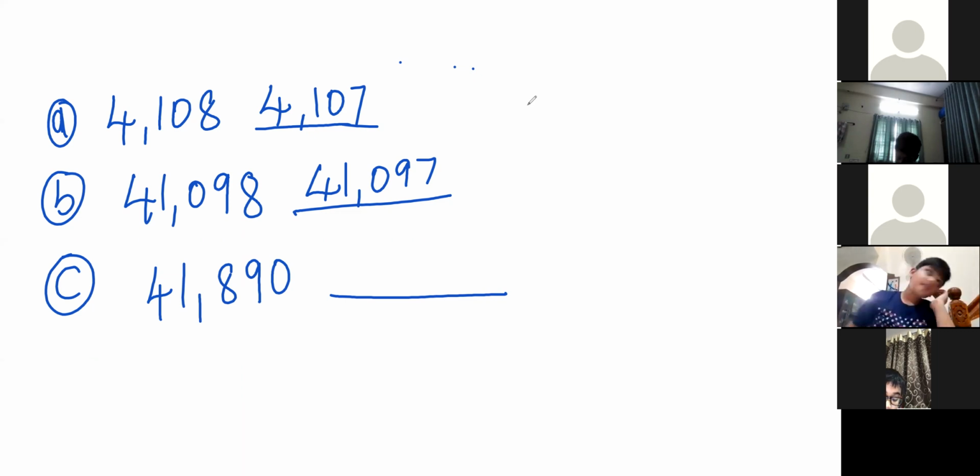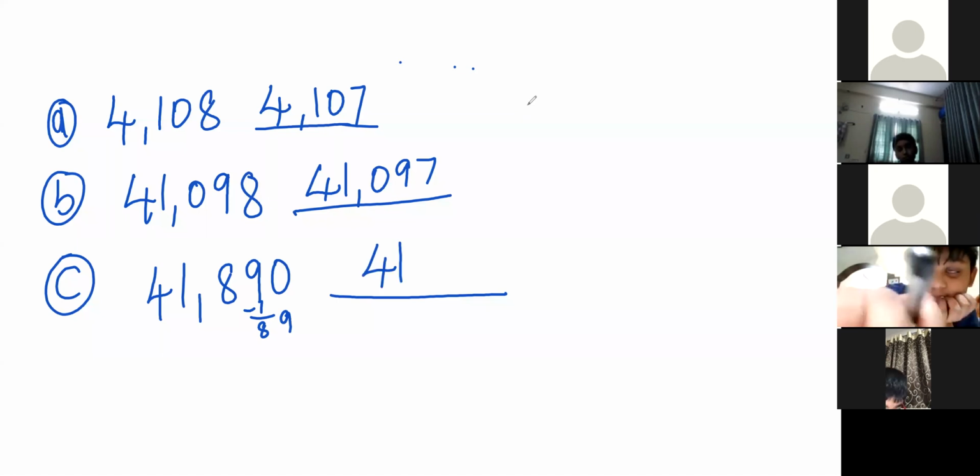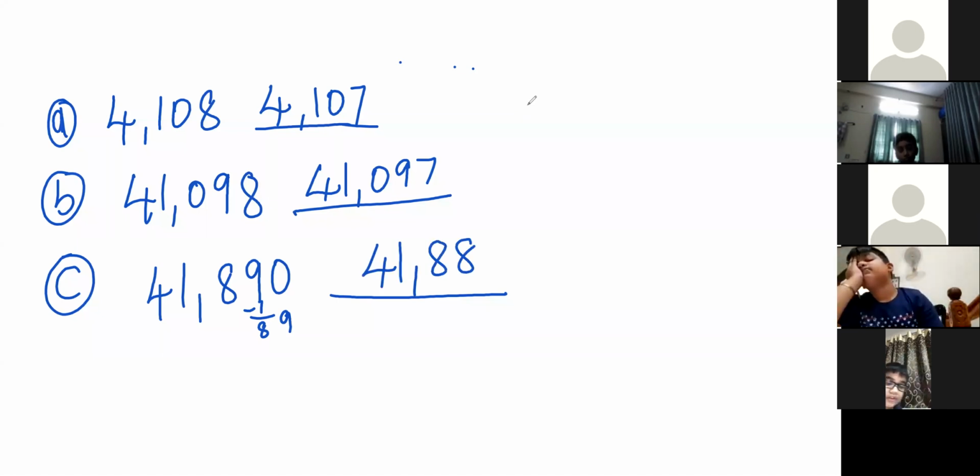Instead of 0 you are placing 9, and from this one you are subtracting 1. So instead of 90 you will be getting 89. Otherwise you can directly take the before number to 90, which is 89. You already know that. You can directly write 41,889.